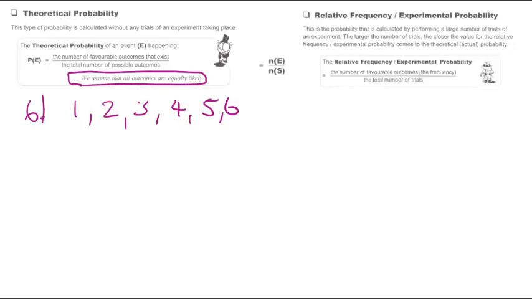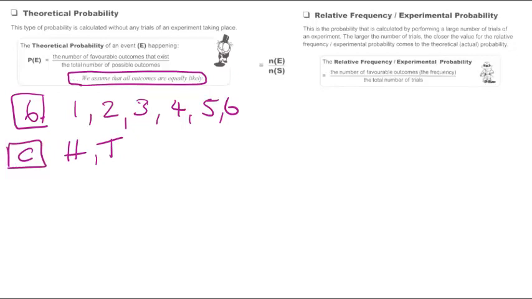We assume that all outcomes are equally likely, meaning that if I roll a 6-sided dice, the chances of getting 1, 2, 3, 4, 5, or 6 are all equal chances. This is important. So theoretical probability happens when we assume that everything is equally possible of happening. If I am tossing a coin, the chances of it happening is heads or tails, equal probability of that happening.